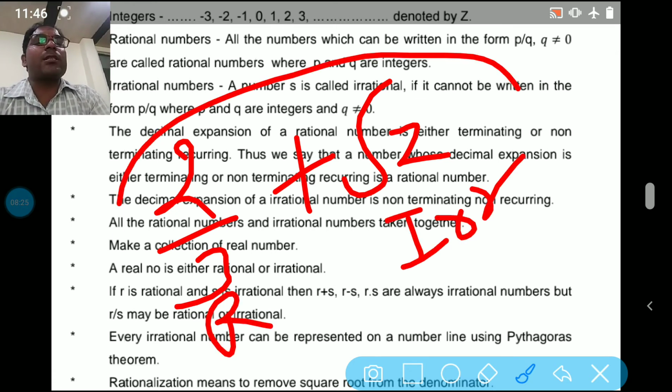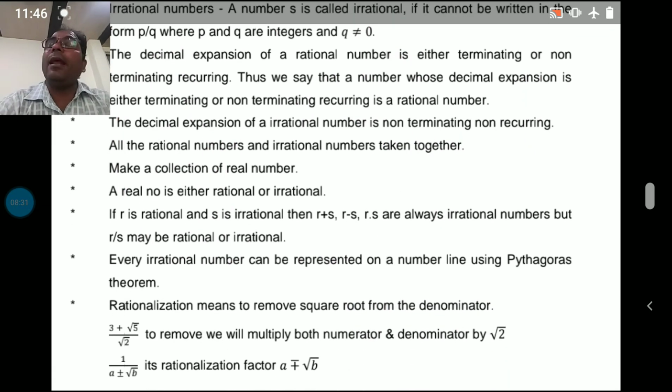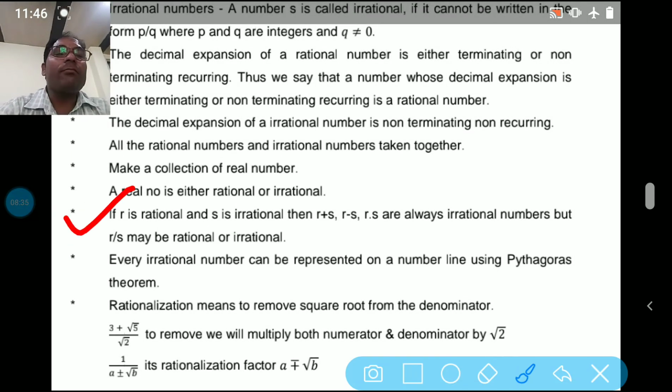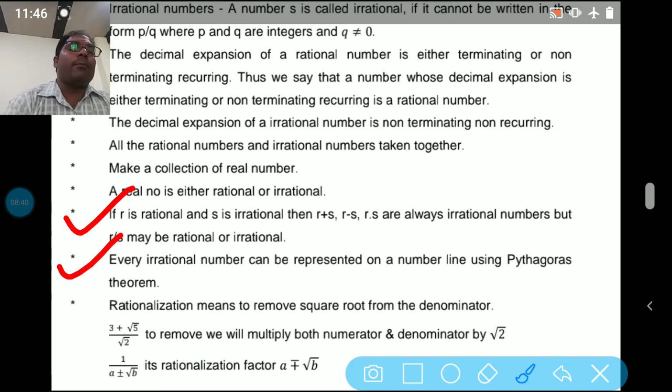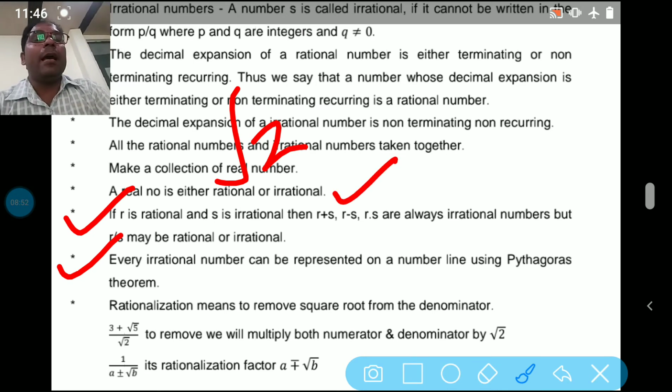But when we add, the answer will be an irrational number. Same if we subtract, then also the answer will be an irrational number. So you must know this property. Next point, every irrational number can be represented on a number line using the Pythagoras theorem. I told you that all the numbers, rational or irrational, we can represent on the number line. That's why these numbers are called real numbers.